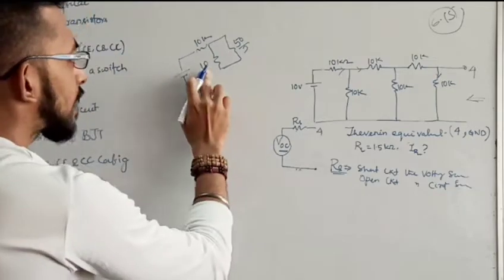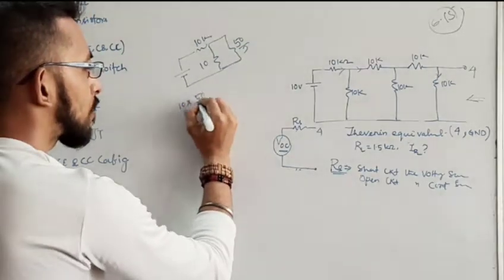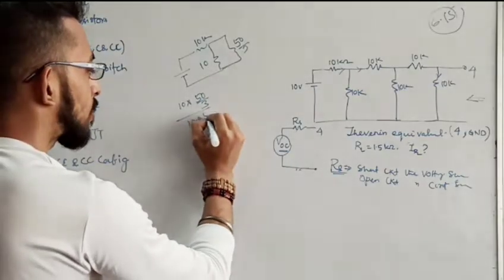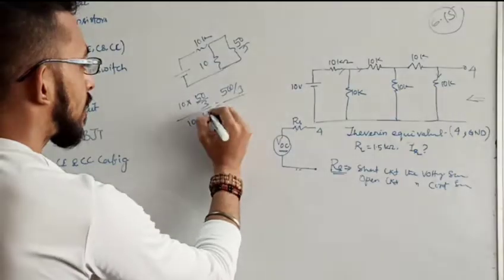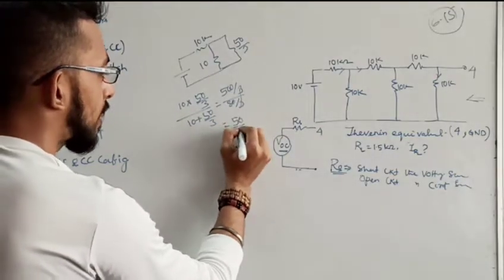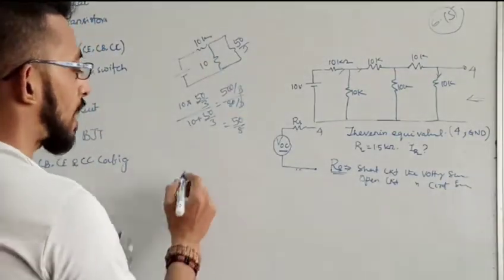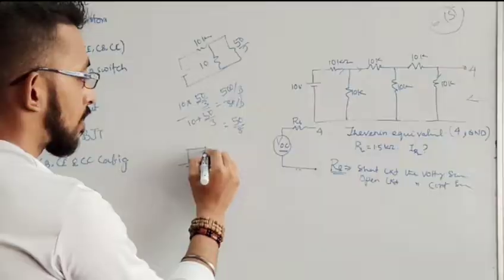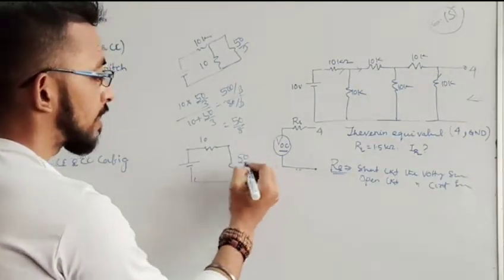Now this 10 kilo ohm and this 50 by 3 are in parallel connection. So 10 into 50 by 3 divided by 10 plus 50 by 3. So it is nothing but 500 by 3 divided by 80 by 3. It will cancel out and become 50 by 8. So these two in parallel can be replaced by a single resistor whose value is 50 by 8.